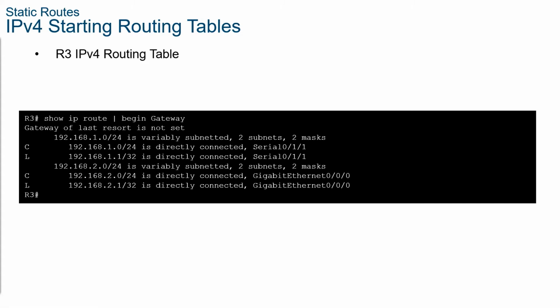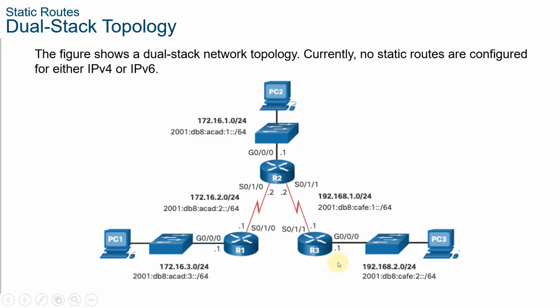Referring to the topology, R3 has directly connected networks 192.168.1.0 and 192.168.2.0 here. So initially, after configuring the IP addresses on the interfaces and without IP static routing, we can only see directly connected networks on the routing table.